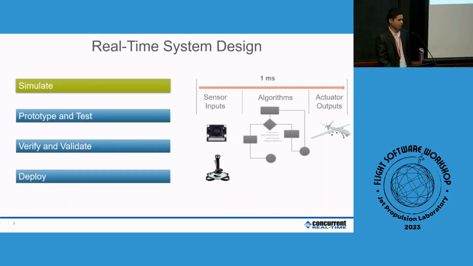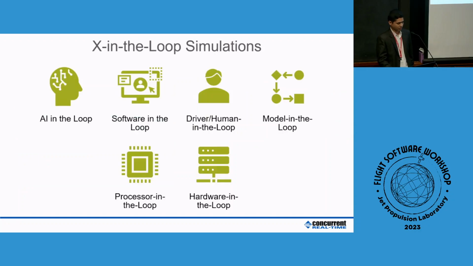So in this talk, what I discuss should cover everything that comes before deployment. You simulate multiple times. You can prototype, test, and validate using actual hardware in the loop of your X. Okay, so what does that X mean? It depends on the context, what you want to achieve. Depending on the situation, you can have AI in the loop, you can have actual software in the loop, a human or a driver in the loop, whatever you like to call it.